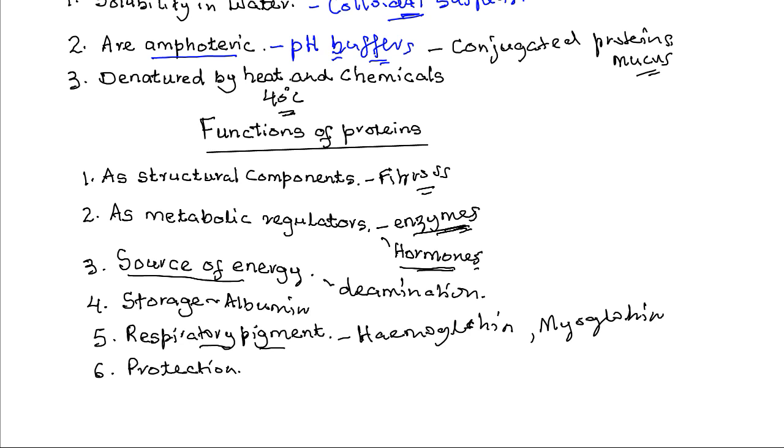In particular, myoglobin is present in mammals. It is a pigment that stores oxygen in the muscles and will provide the oxygen during strenuous physical activities that require a lot of energy to be produced. So proteins do function as respiratory pigments, mainly as hemoglobin in the blood of vertebrates and myoglobin in the muscles of mammals.